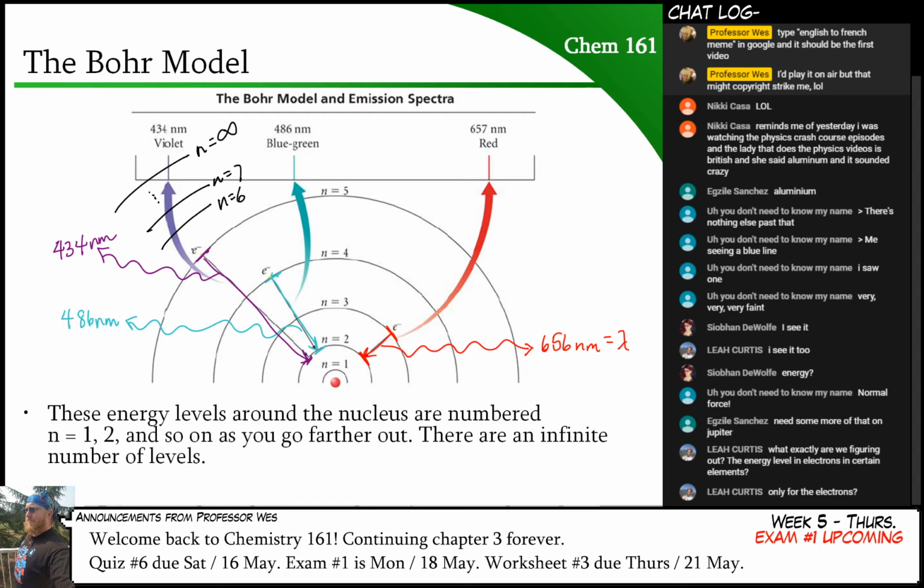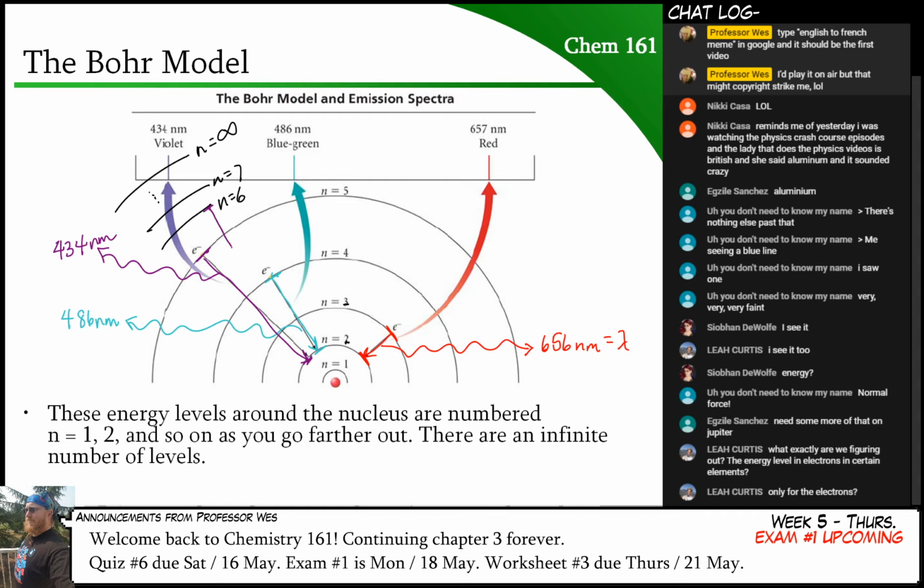But interestingly for us, if n equals 3 to 2, because I went from 3 to 2 here for this red guy, is a red photon, 4 to 2 is blue-green, 5 to 2 is purple, what do you think 6 to 2 might be, based on this pattern that you're observing here?